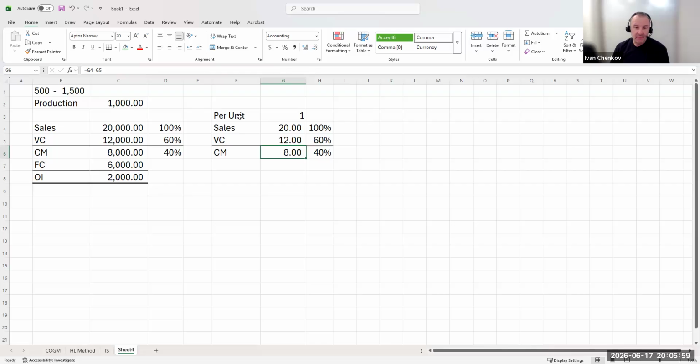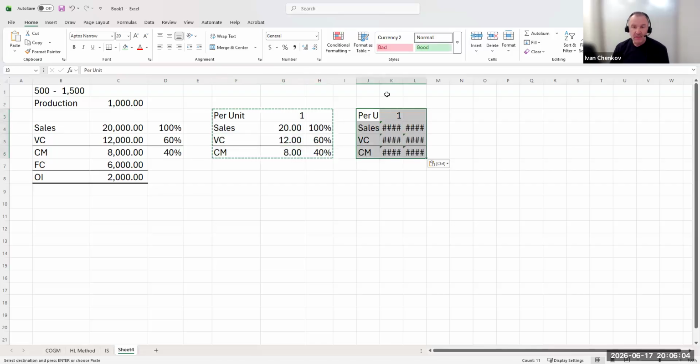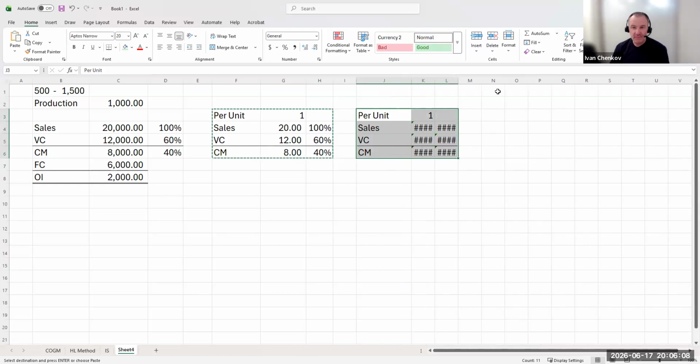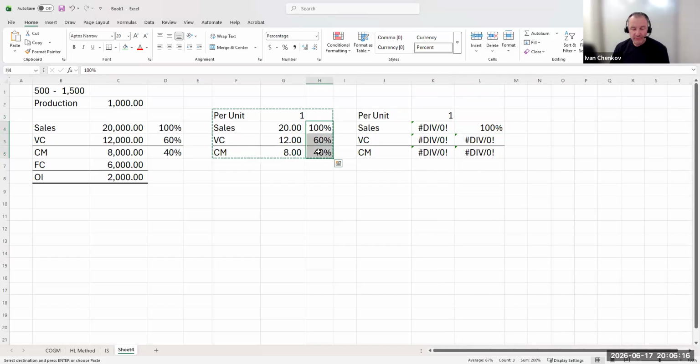If I sell now, let's calculate this and put it here. If right now I'm selling 900 units, let me move those ones as numbers. I don't want those ones to change because they're not going to change regardless.